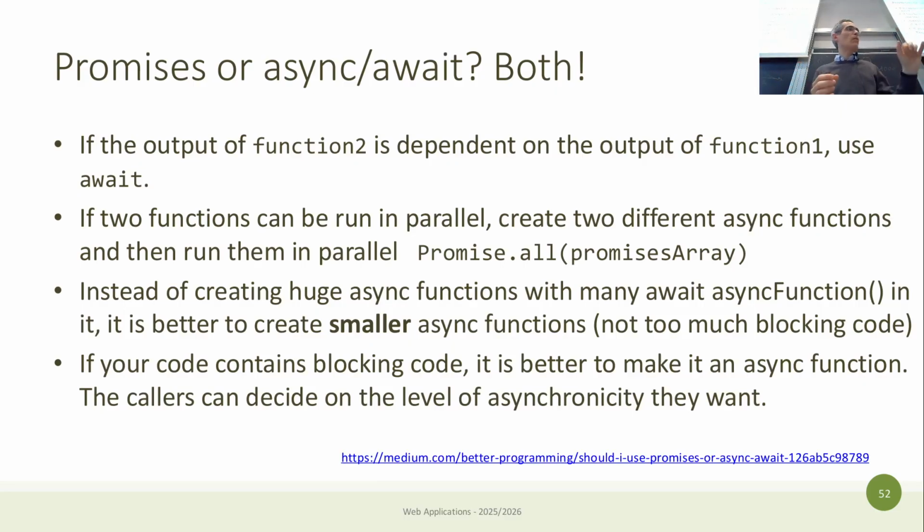I cannot really write await function 1, function 2. There's no syntax like this. Maybe in the future they introduce it. But for the moment, there's no alternative. Okay? So, if functions need to be executed in parallel, probably you have no alternative than using promises and forgetting about the await. Okay?